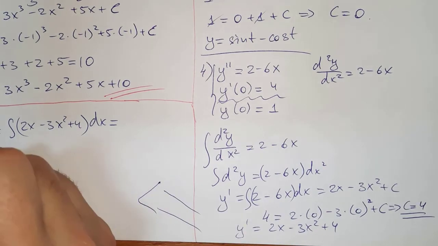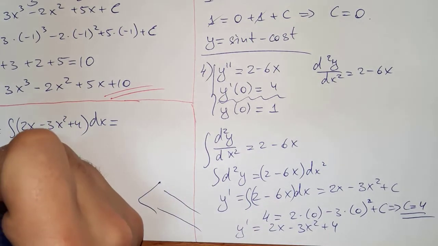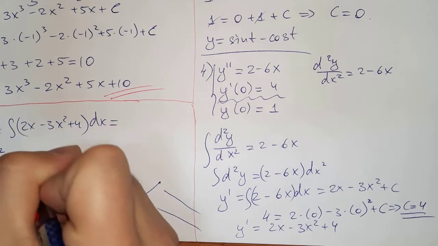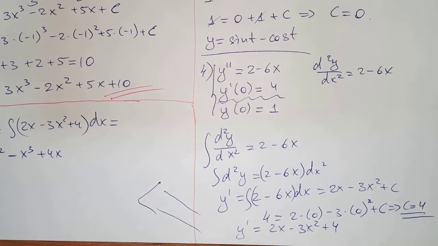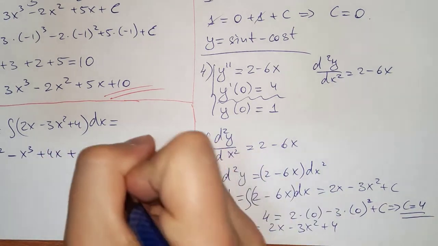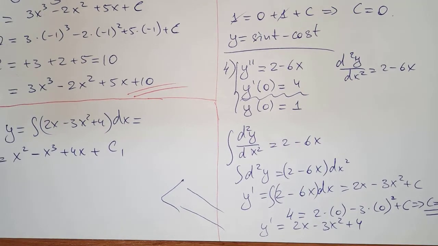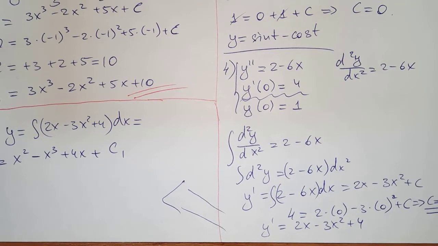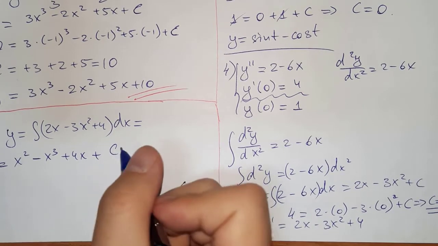Now it gives us the next expression: x squared minus x cubed plus 4x, plus the next constant, for example c1.